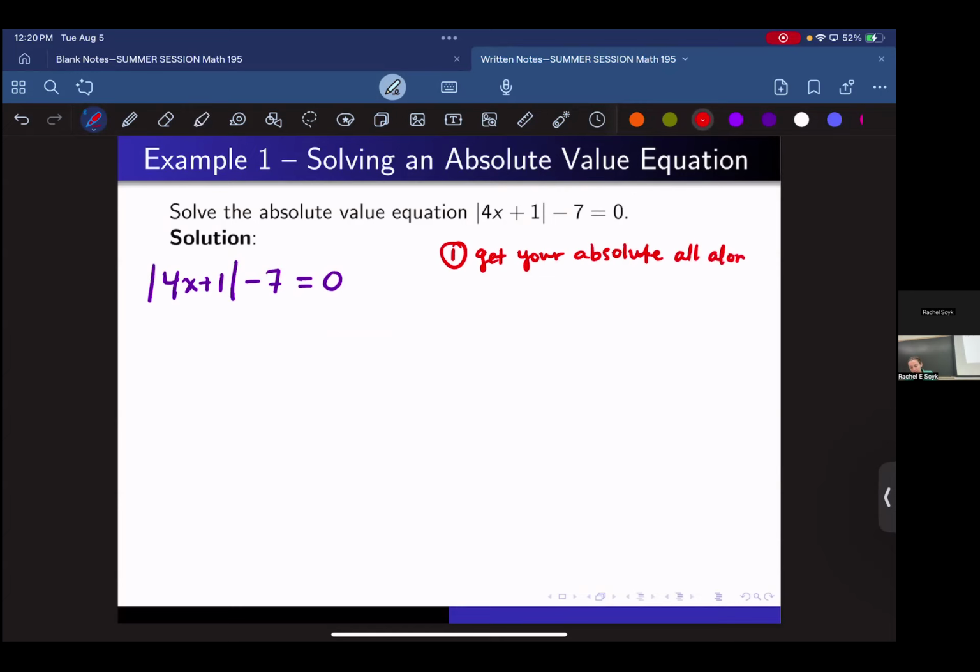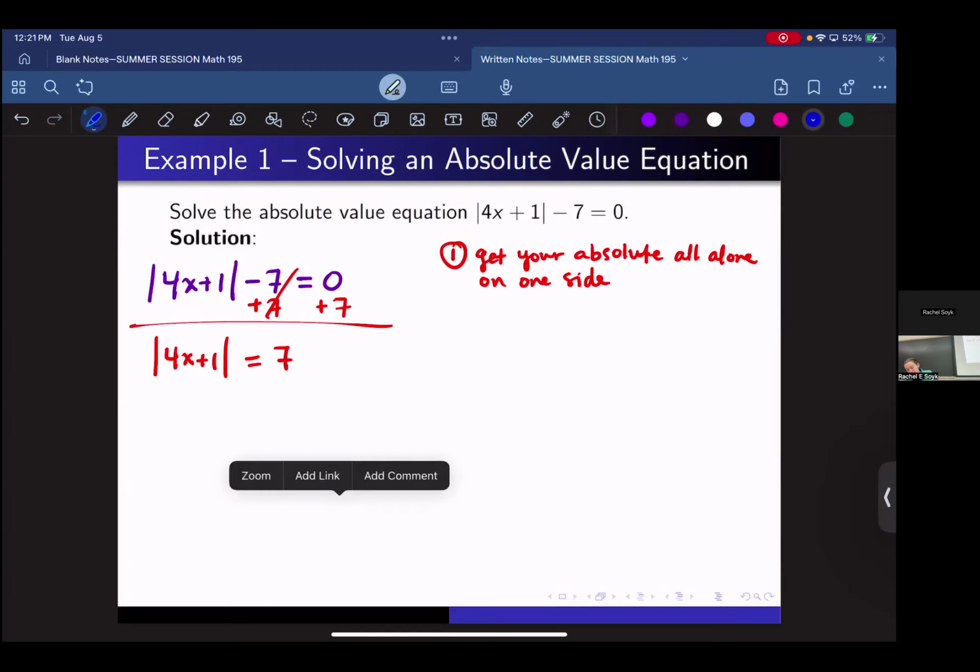You want to isolate it. So when we do that, we end up with the absolute value of 4x plus 1 is equal to 7.